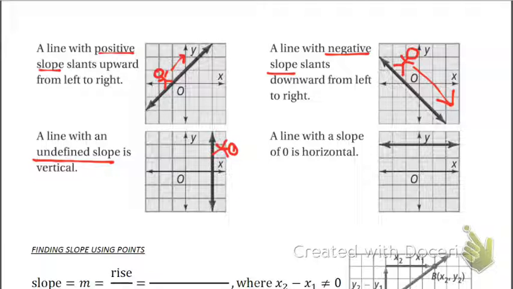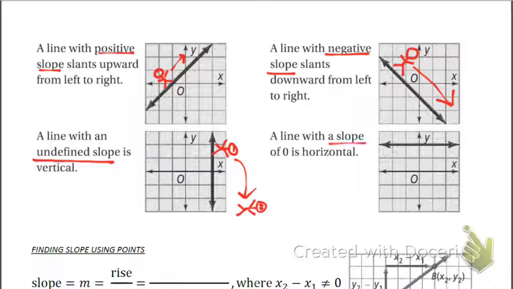He's going to fall off, so he can't stand on that. Here's him dead. Okay, so he can't stand on the vertical line, so the vertical line has undefined slope.